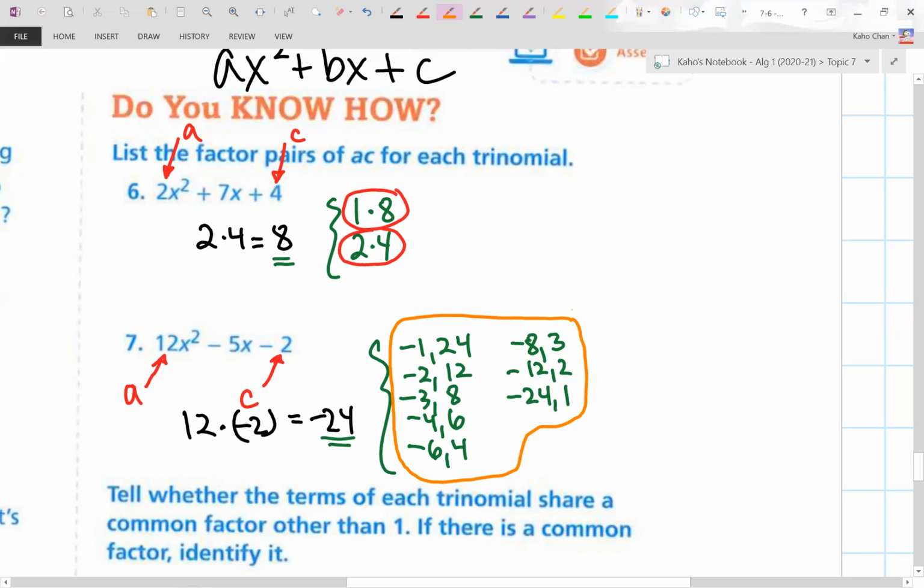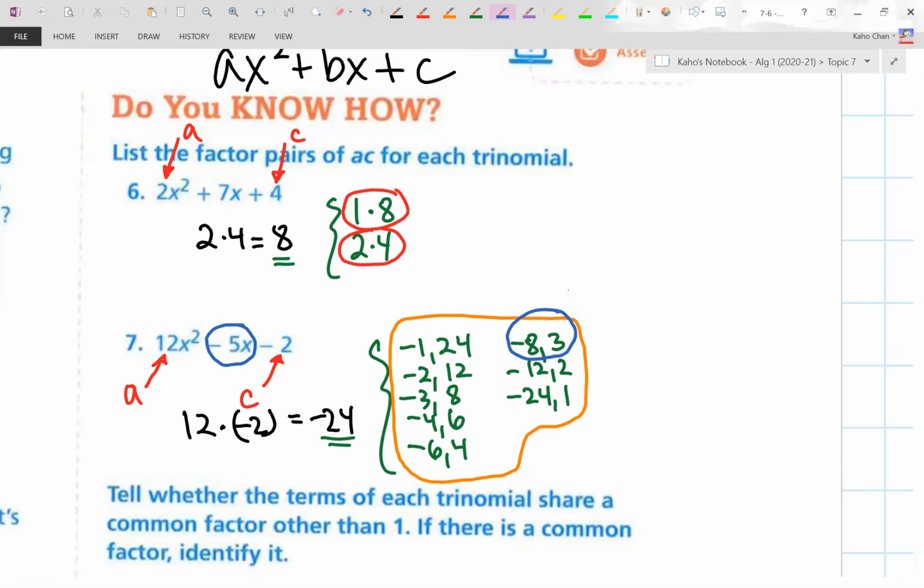Now, interesting observation. Looking at number 6 here, I realized that 1 and 8 or 2 and 4 do not even add up to the middle term 7. So number 6 doesn't have a situation where it can factor if we had to go further, but number 7 can. If we had to actually do the problem, which ones add up to negative 5x? And that possible answer is right there. But number 6 doesn't have a possible pair that does that. Sometimes that happens.